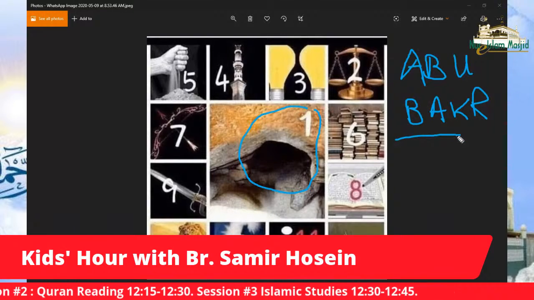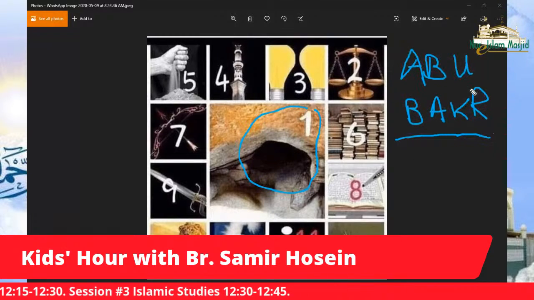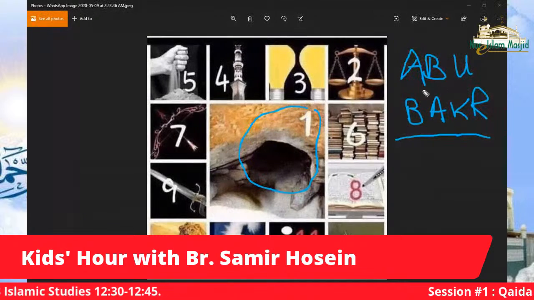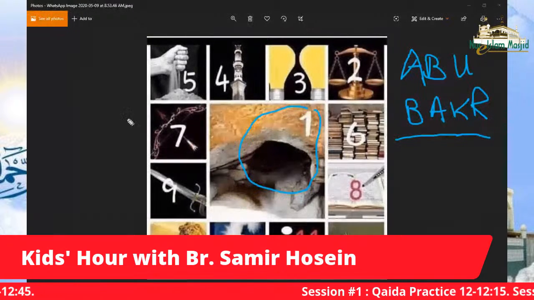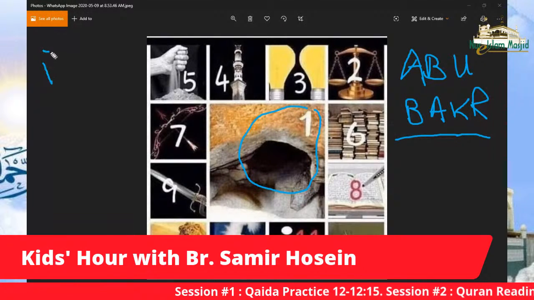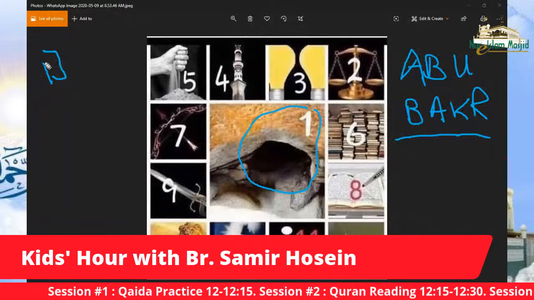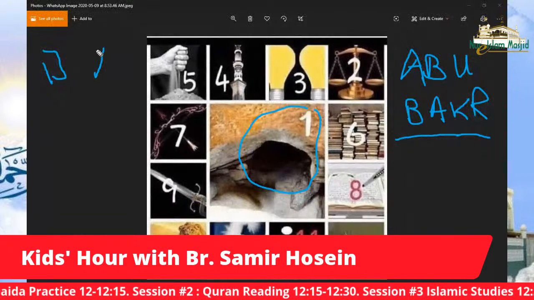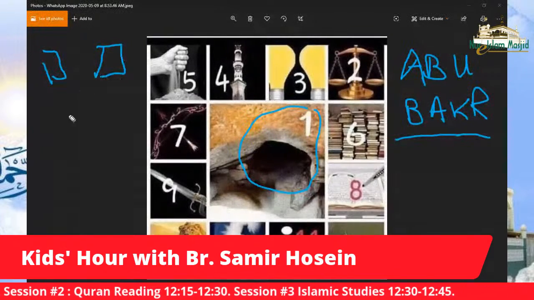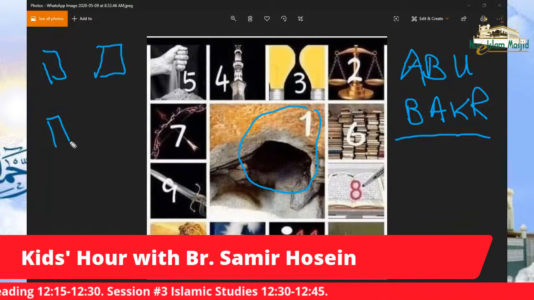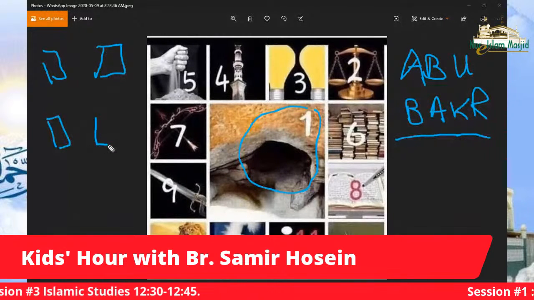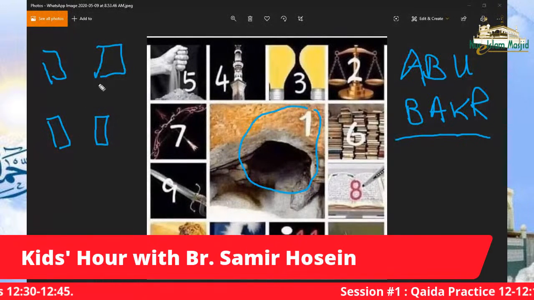His status in Islam is so great that on the day of judgment, there are different doors to enter into Jannah, right? So there's a door for those people who fasted a lot. There's a door for those people who perform salah a lot. There are different doors in Jannah.